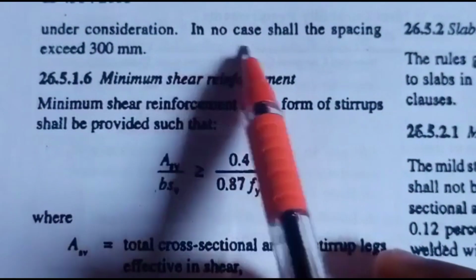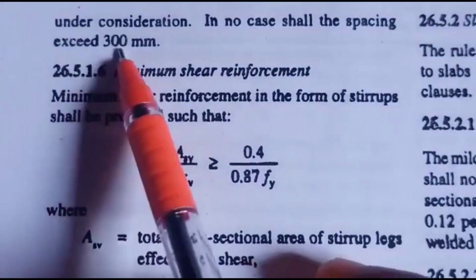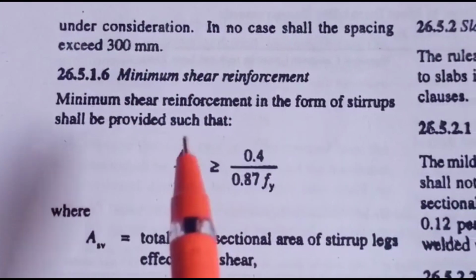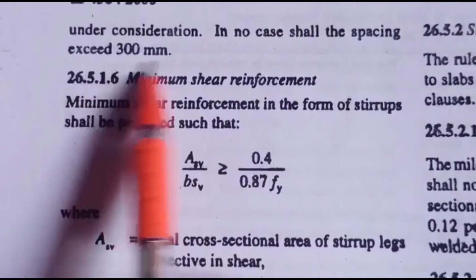In no case shall the spacing exceed 300 mm. So our spacing of stirrups should not be greater than 300 mm.